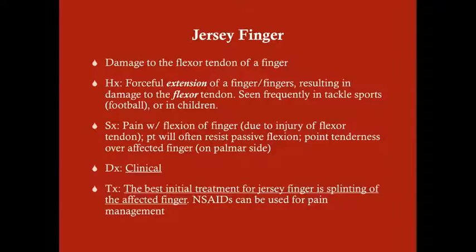So based on the patient's history, based on the symptoms, just this clear case of them not being able to flex their finger, or having severe pain with flexing their finger, that points towards a jersey finger. And the best initial treatment for a jersey finger is to splint the affected finger to allow the flexor tendon to heal. In the meantime, NSAIDs can be used for pain management.